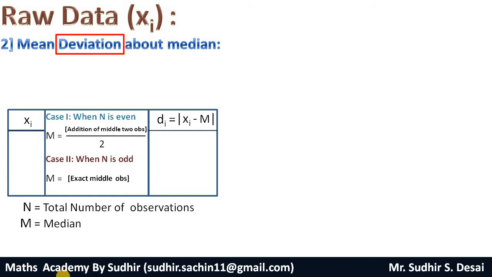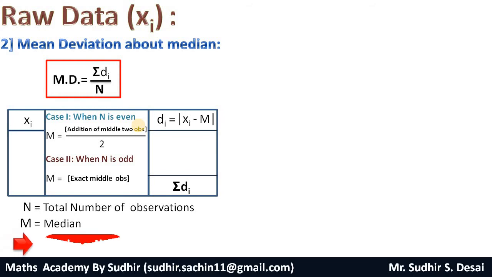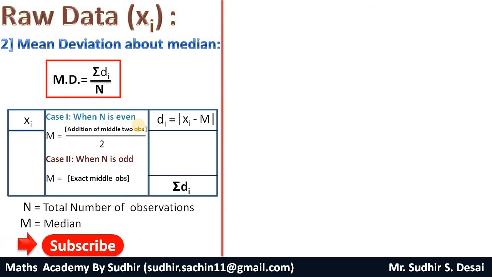Now the column is complete, so take the summation of this last column di. So can you tell me what will be the formula for mean deviation about median? So MD is equal to the summation of the last column, that is summation di, divided by the total number of observations n. So this is the formula for finding the mean deviation about median.